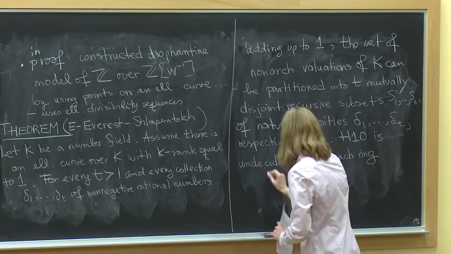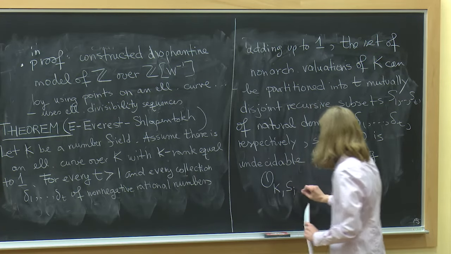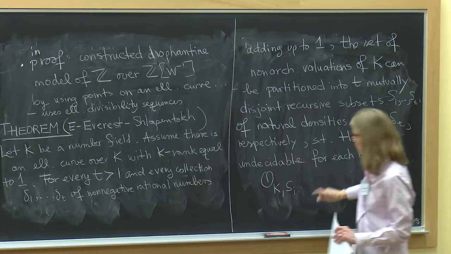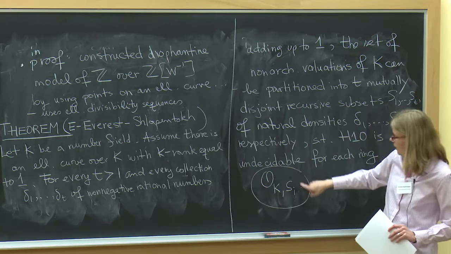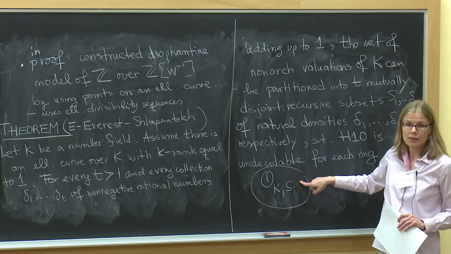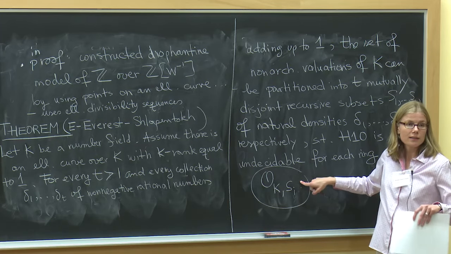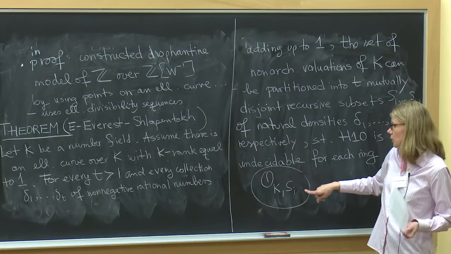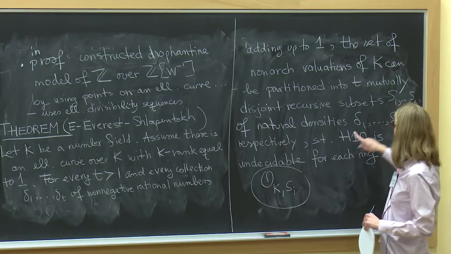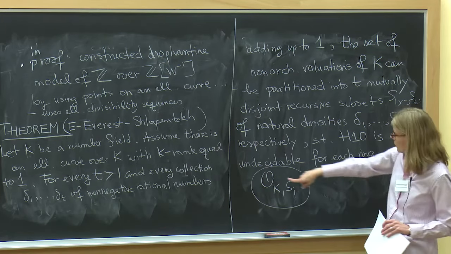And so I just get some ring O_K,Si. This is my notation. This is the analog of Z adjoin W inverse. So in this ring, I am allowing negative valuations at the places in Si, and everywhere else it has non-negative valuations. So that means I'm allowing poles at these places and nowhere else in this ring.